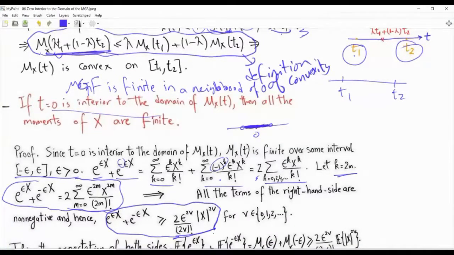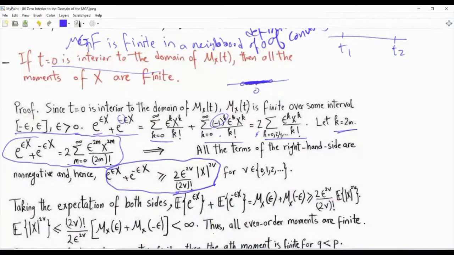Till now there is nothing random, it is deterministic, and we made use of the Taylor series expansion of the exponential function. Now take expectation of both sides. The expectation of this will give you M_X of epsilon, and the expectation of that will give you M_X of minus epsilon.